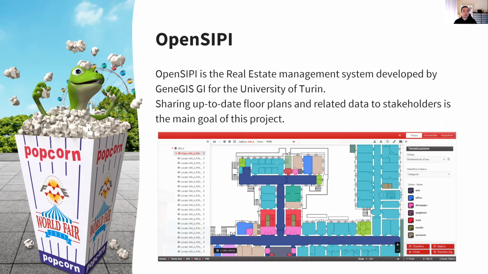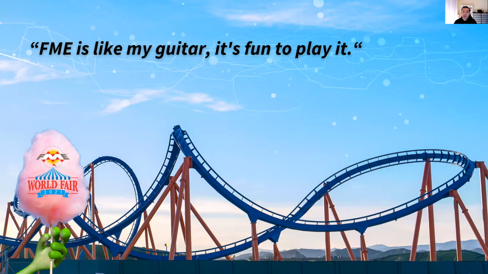The scope of this project is to help the back office to maintain, update, and share the floor plans and related data across multiple departments and different users. As I said at the beginning, FME is the fun side of my work, so I can say FME is like my guitar, it's fun to play it.